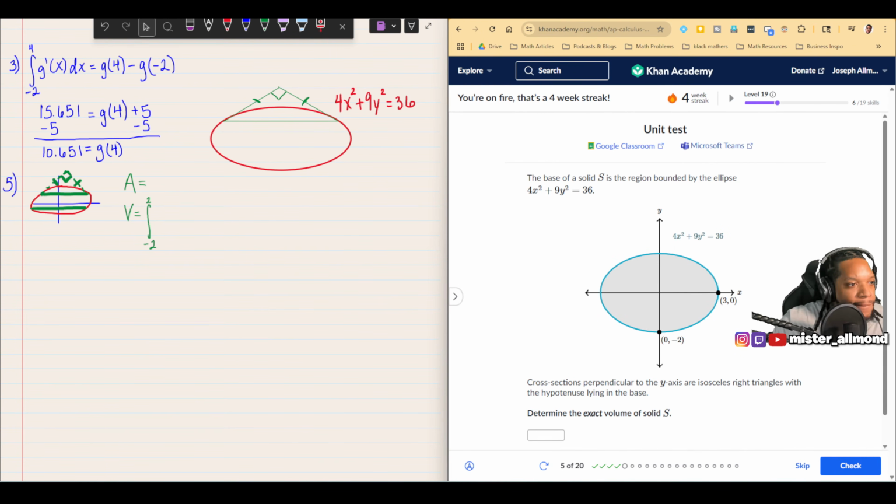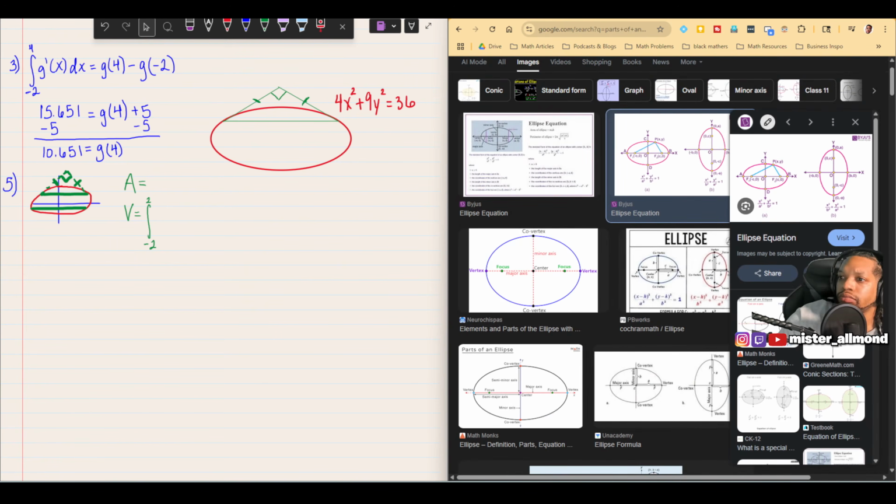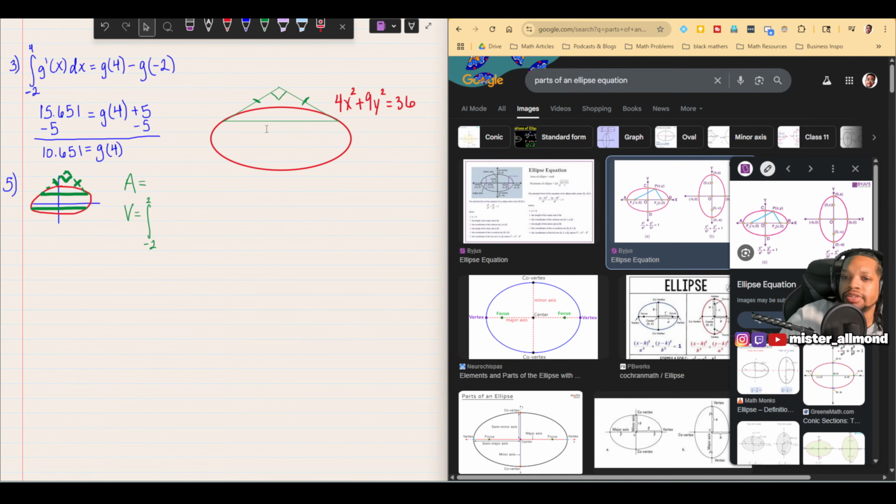So I gotta get... So this base. Negative x to x. So I guess 2x.